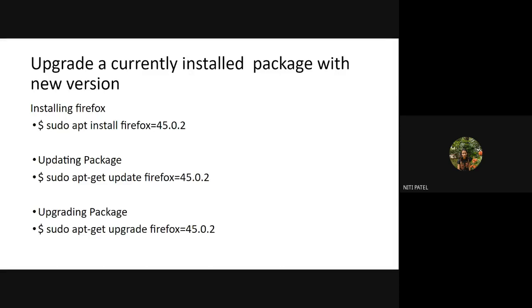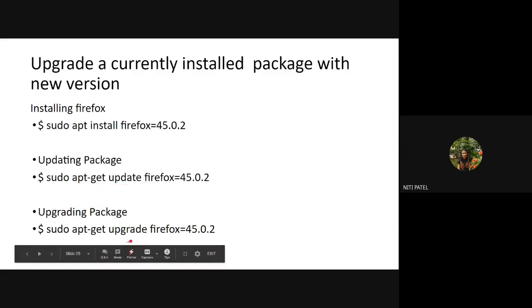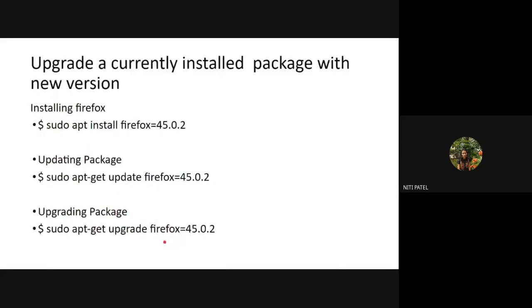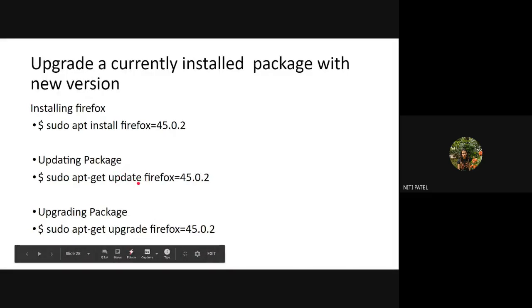In Linux, this remains common with respect to any software or application. If I want to do the same for, say, Google Chrome, I will first update that version and then I will get the upgraded copy of it. The command for both is the same, just update is replaced with upgrade.